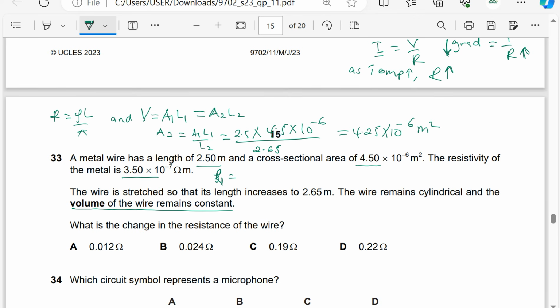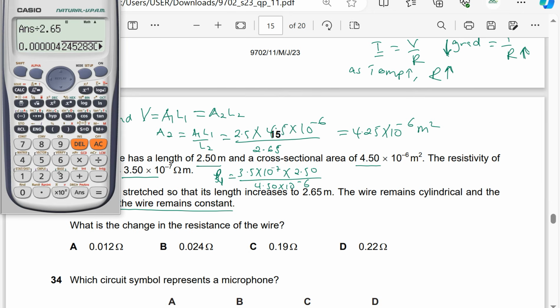So rho is 3.5 times 10 power minus 7, L is 2.50, divided by A, which is 4.50 times 10 power minus 6. So 3.5 times 10 power minus 7 times 2.5 divided by 4.5 times 10 power minus 6. So this is 0.194.